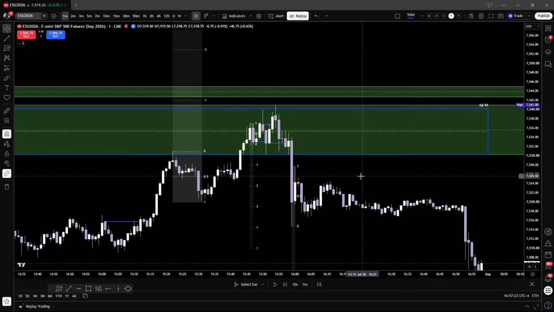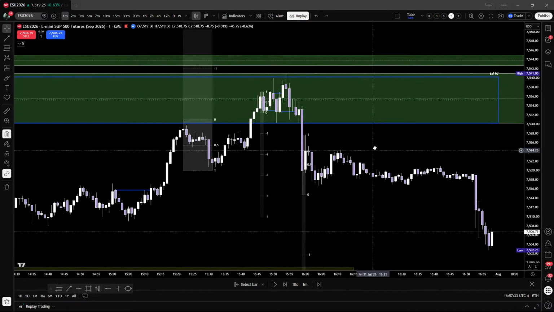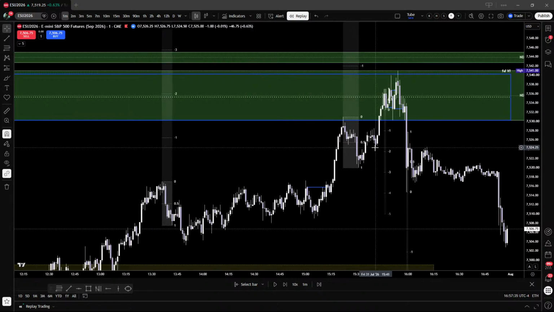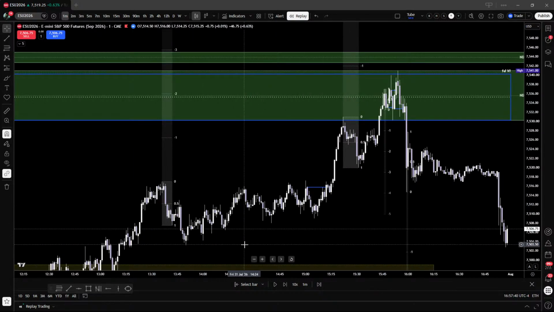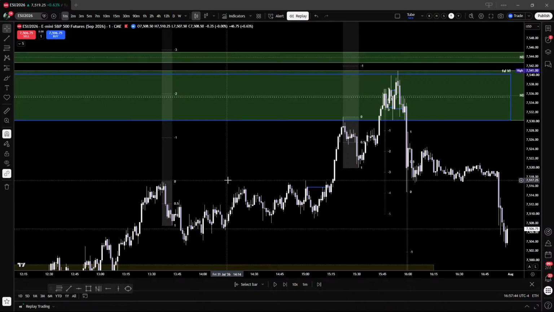we're seeing high volatility and pretty fast moves. Price is moving with speed. It does slow down every now and then, like here, it kind of slowed down. But even here, the range was like 10 points.